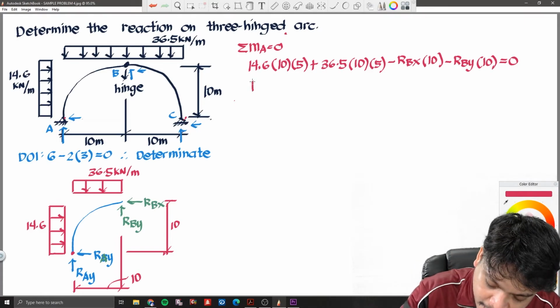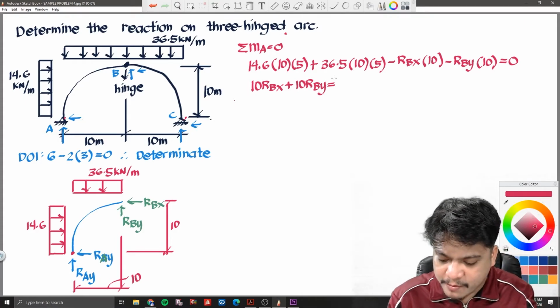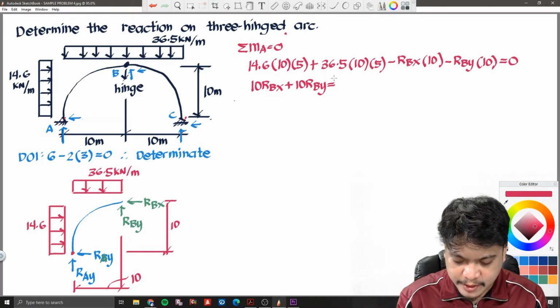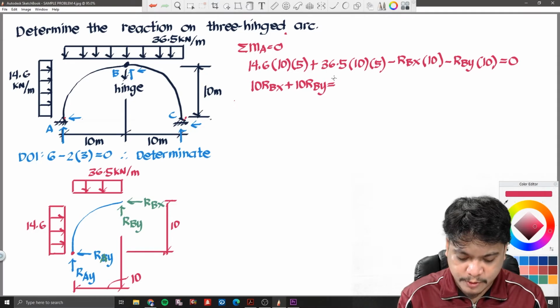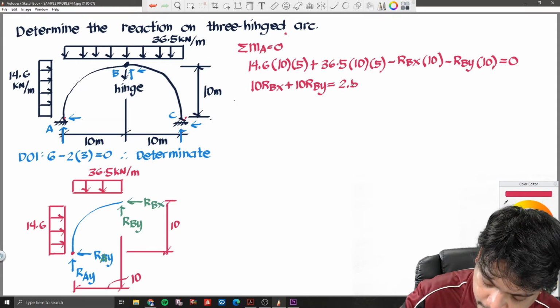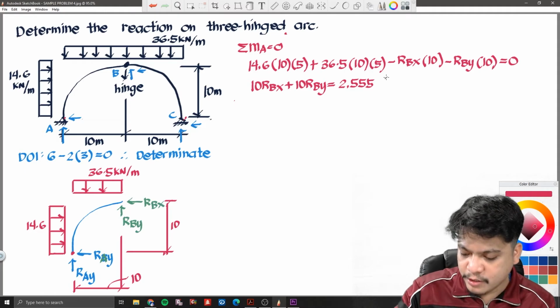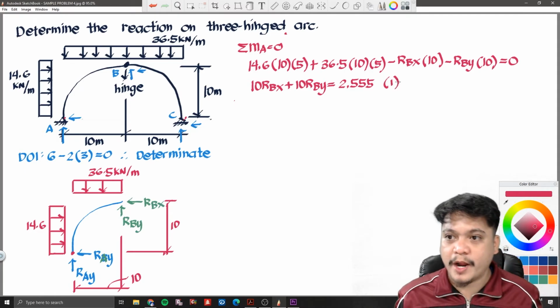So, I will now have here 10 RBX plus 10 RBY equal to, pag sinamasama ko na lahat, 14.6 times 10 times 5 plus 36.5 times 10 times 5. So, you have now 2,555. Okay? So, this would become your equation 1.